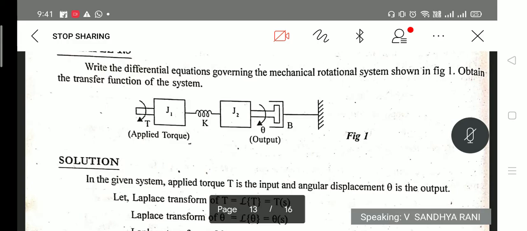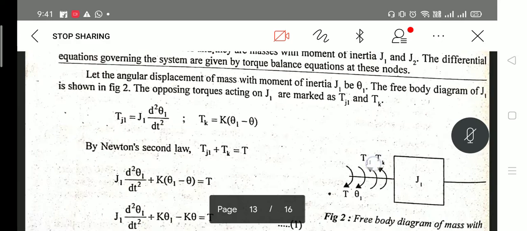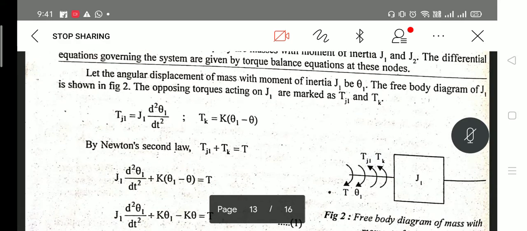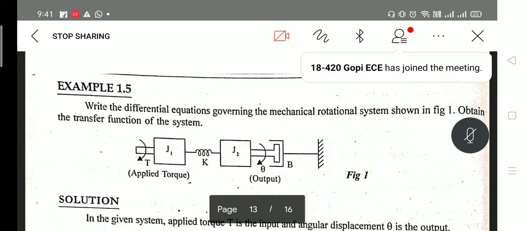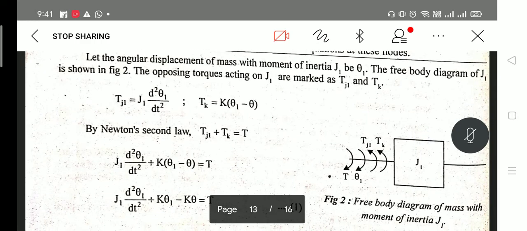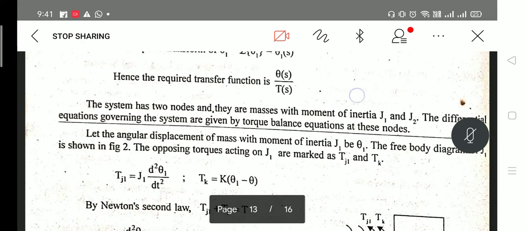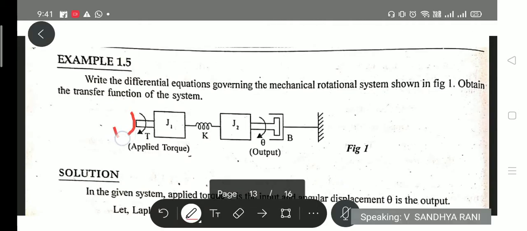So we can write the formulas for the two elements. Tj1 is J1 into d square theta 1 by dt square. Tk is... I think theta 1 is also there here.